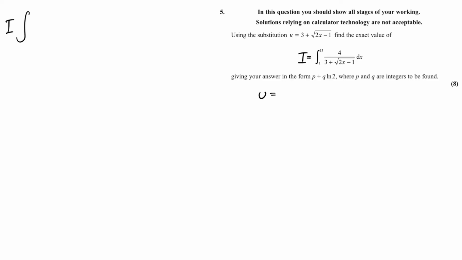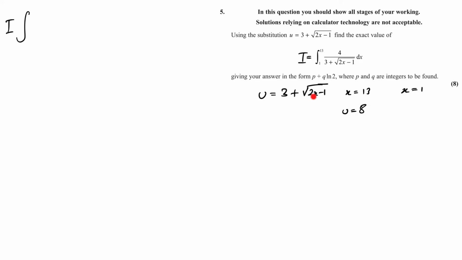We're given u, and u is 3 plus root 2x minus 1. Now, I know that my x values are 13 and 1, so let's also find the u values for that. If I substitute 13 in, 2 13s are 26, minus 1 is 25, square root of 25 is 5, 3 plus 5 is 8.